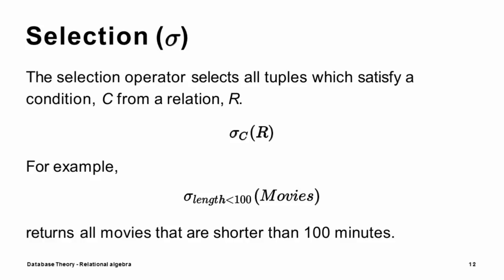That returns all the attributes, but only the tuples that satisfy that condition, length less than 100.